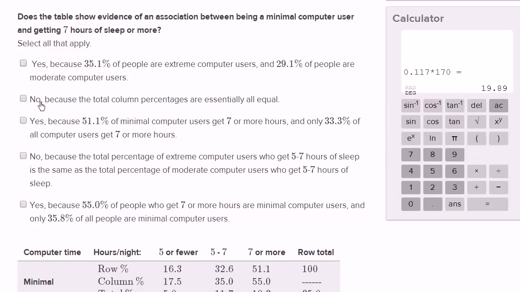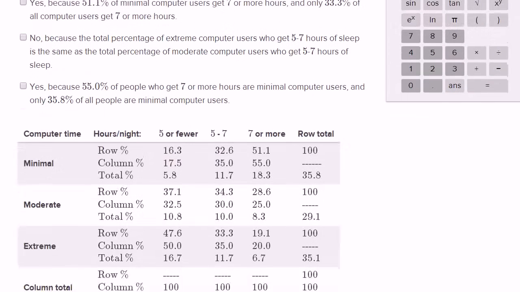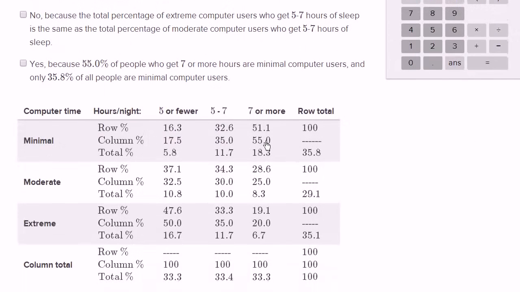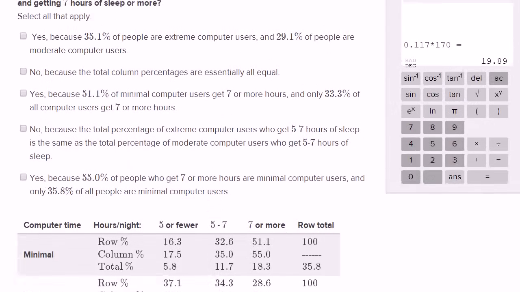No, well, I explained why I go with yes, that there does seem to be a trend, and I don't even believe what the statement is, because the total column percentages are essentially equal. We see that the column percentages are not equal for people who are getting 7 hours or more of sleep. So we see that right over here, 55, 25, 20. So I won't go with that one either.